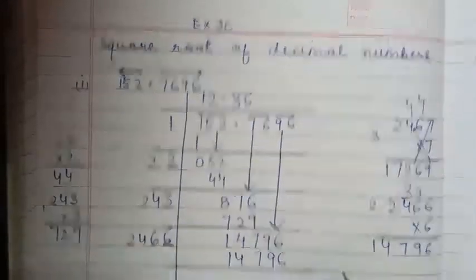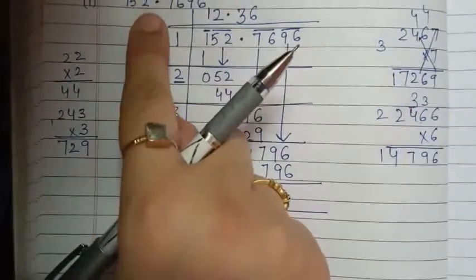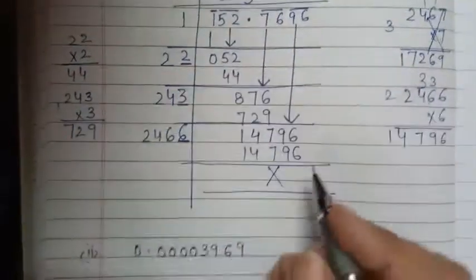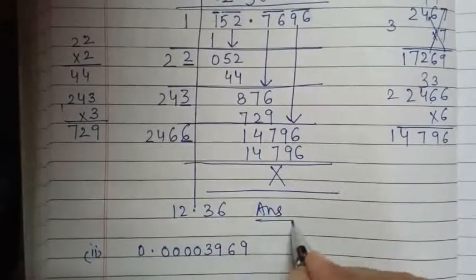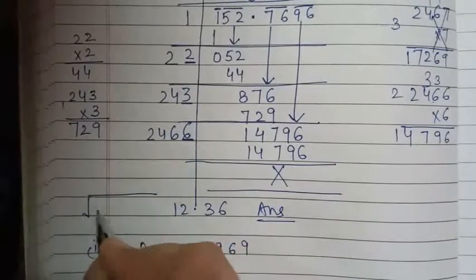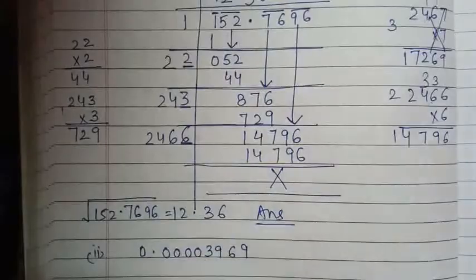Then subtracting, I get 0 as the remainder. So the square root of this number is 12.36, the final answer. You can write the square root of 152.7696 is equal to 12.36.